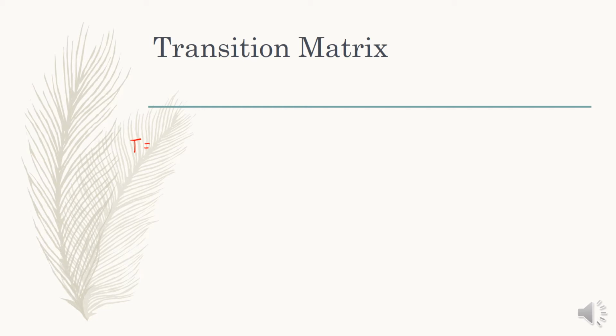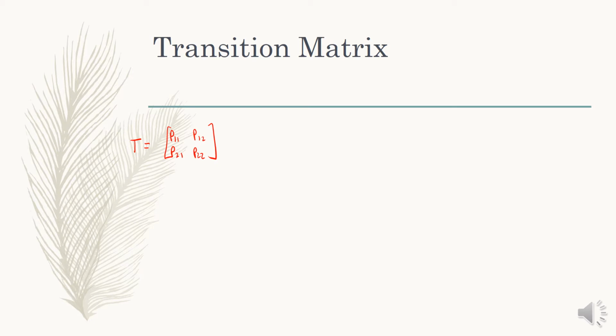A transition matrix is going to have the probability of going from state 1 and staying in state 1, the probability of going from state 1 to state 2, the probability of state 2 to state 1, and the probability of 2 to 2. So if you go back to the basics of the matrix video that I just did, you should know what these subscripts are. So P11 is row 1, column 1, P12, row 1, column 2.